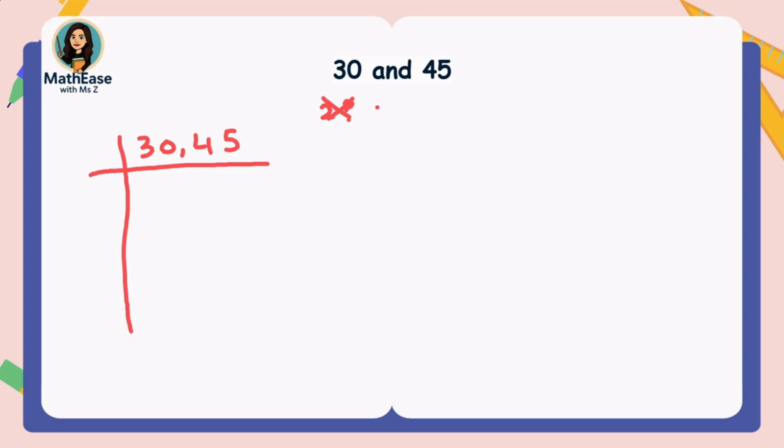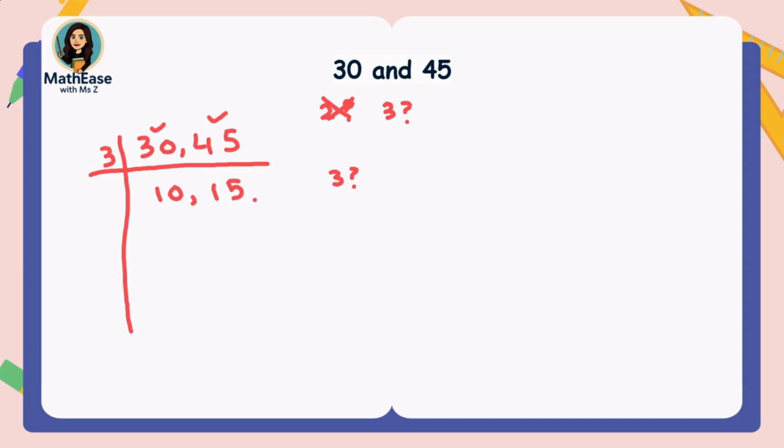Let's move on to the next prime number, which is 3. Both 30 and 45 can be divided by the number 3. 30 divided by 3 is 10, and 45 divided by 3 is 15. Now, can both 10 and 15 be divided by 3 again?